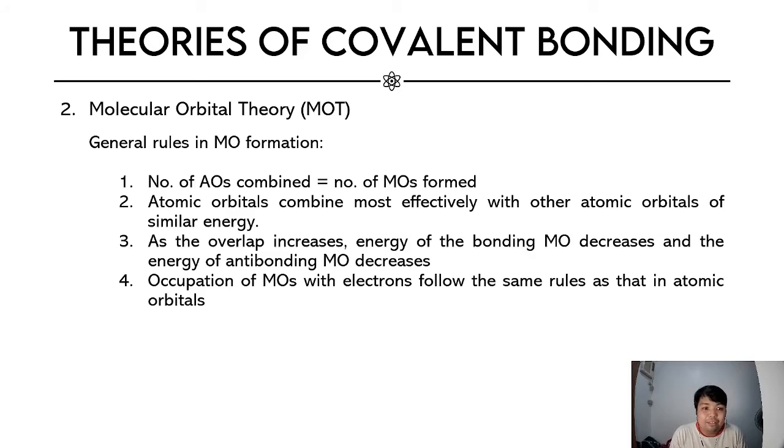Next, as the overlap increases, that is, the effectiveness of the way that the atomic orbitals combine to form molecular orbitals, the energy gap between the bonding and antibonding molecular orbitals that they form will increase.